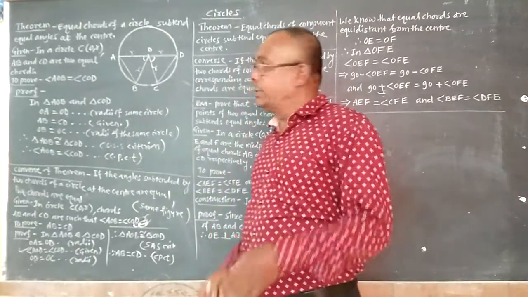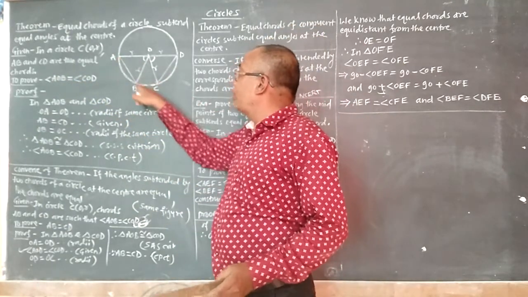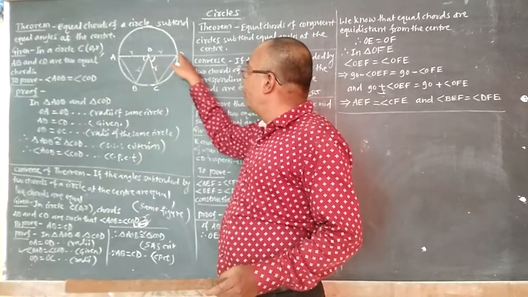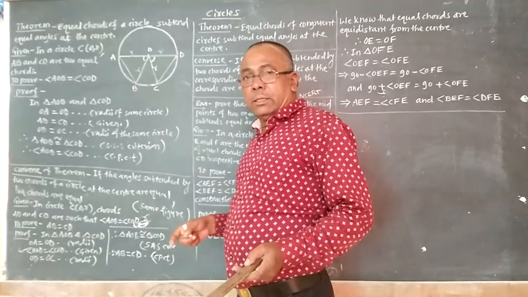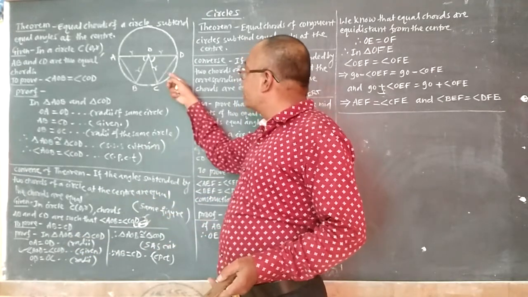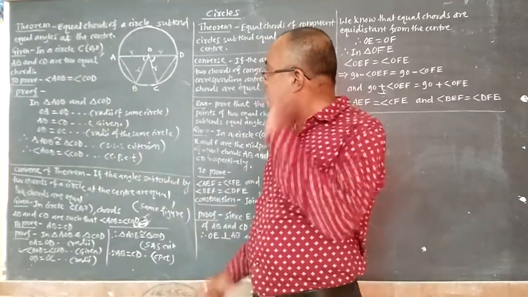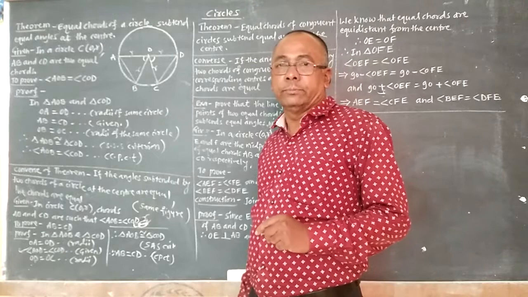Angle AOB is the angle subtended by the chord AB with center O, and angle COD is the angle subtended by the chord CD with center O, and we have to prove that both these angles are equal.